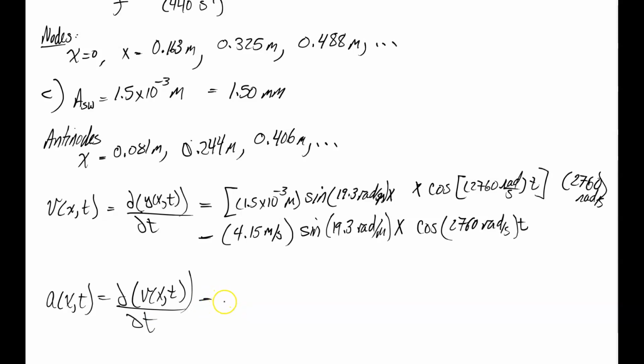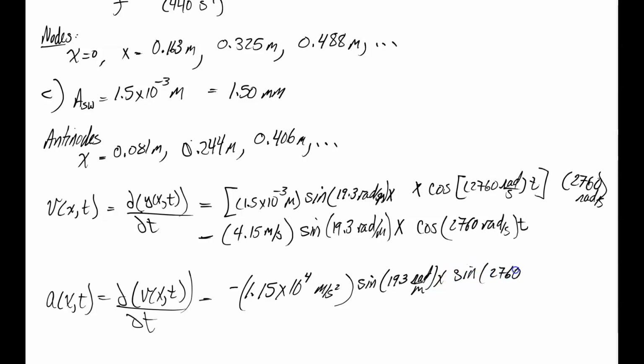We would get a function of negative 1.15 times 10 to the 4th meters per second squared sine of 19.3 radians per meter x times sine of 2760 radians per second times t.